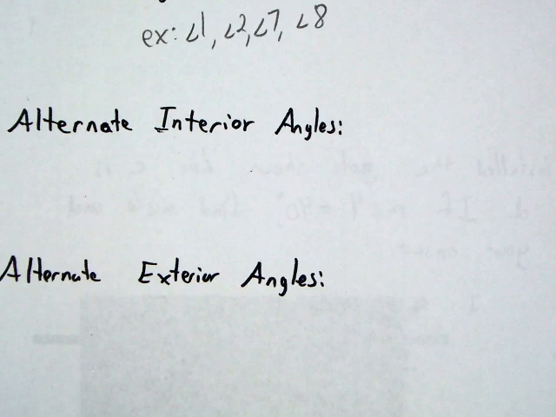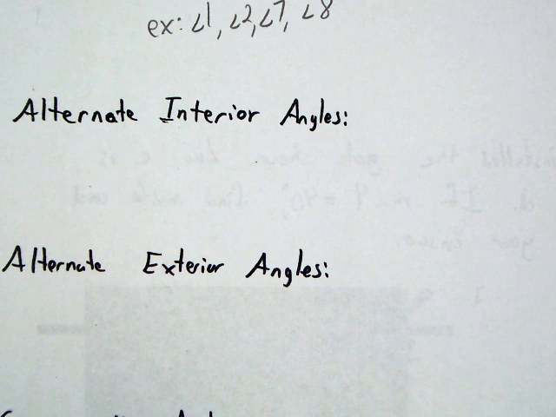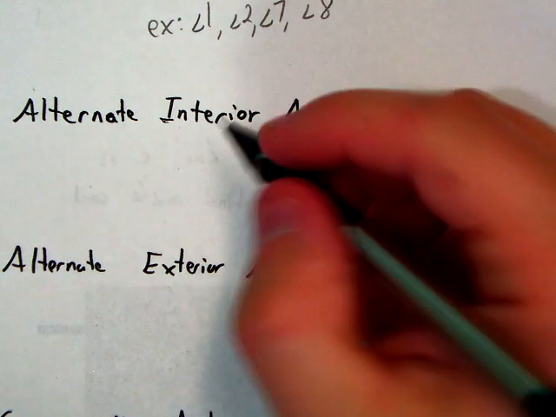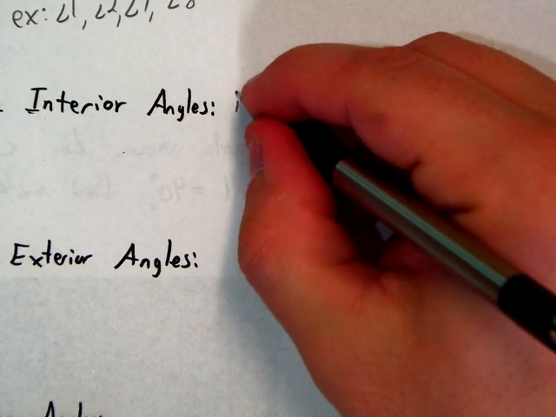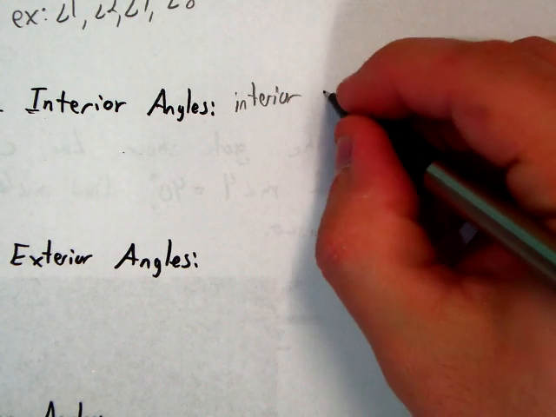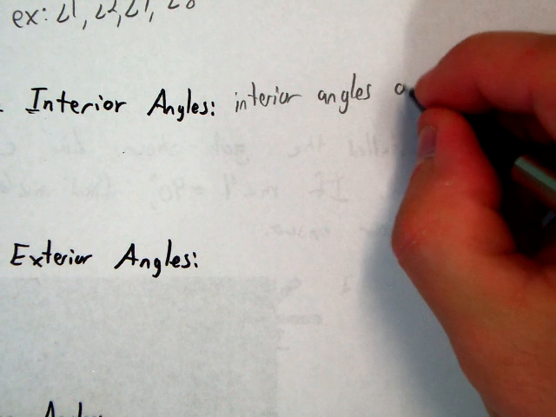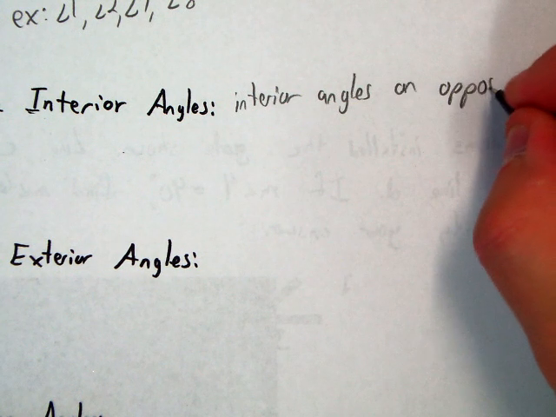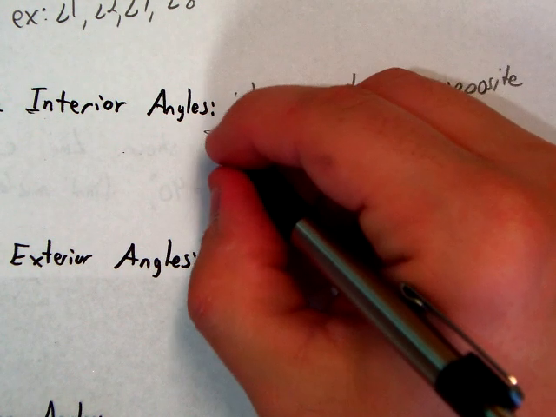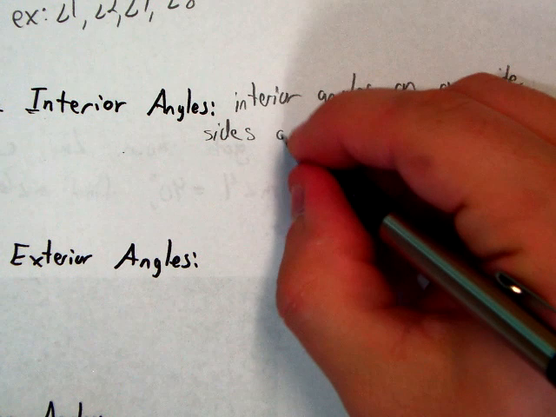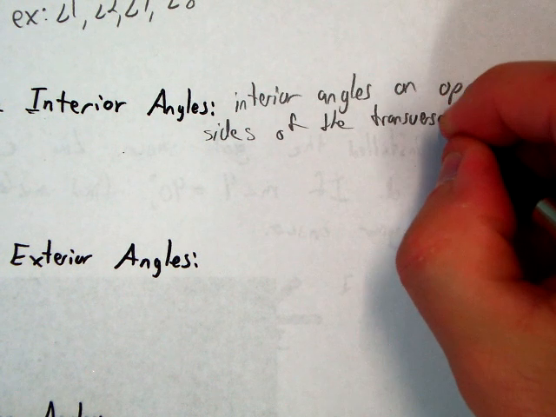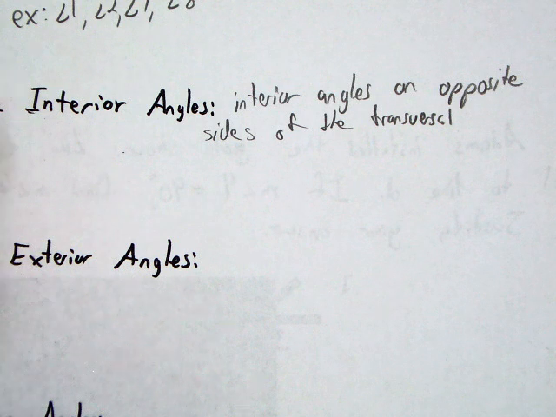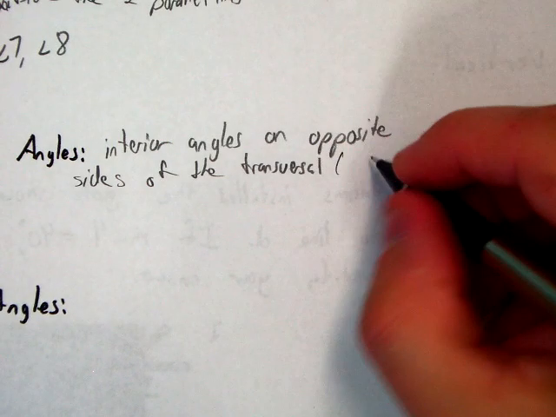Now we're going to start getting into some different angles here. And these sets of angles are actually a little bit more special. So alternate interior angles are interior angles on opposite sides of the transversal. And these are special. They come in pairs.